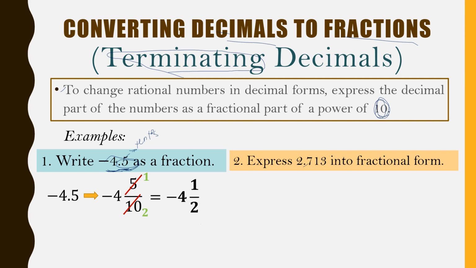Yes, because the place value of the third digit is in the thousandths place. So that is read as 2 and 713 thousandths. The denominator is 1000, and since we cannot simplify 713 over 1000 any longer, that is our final answer.